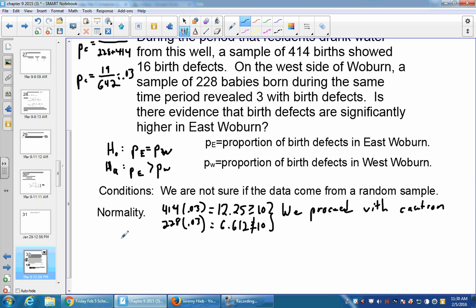Now for independence, I would just assume that each birth is independent.